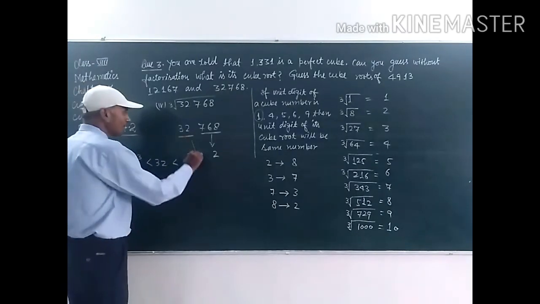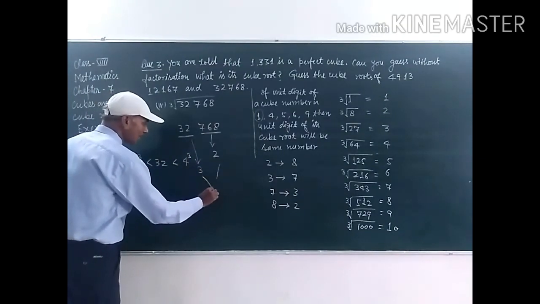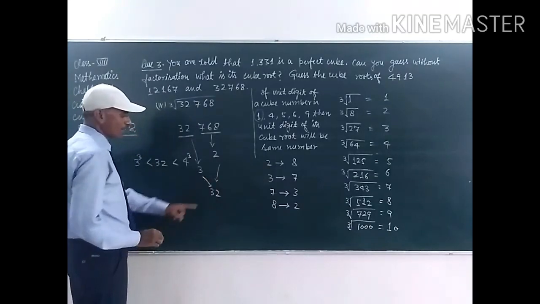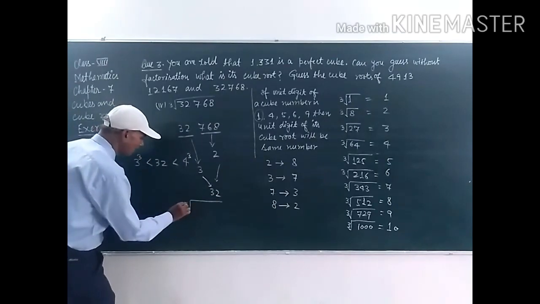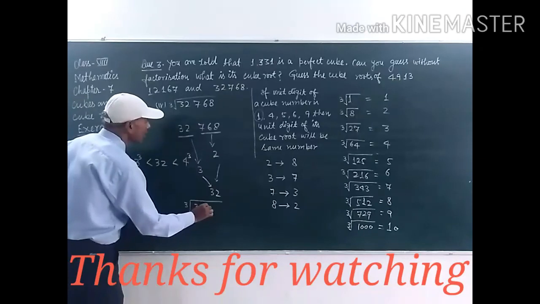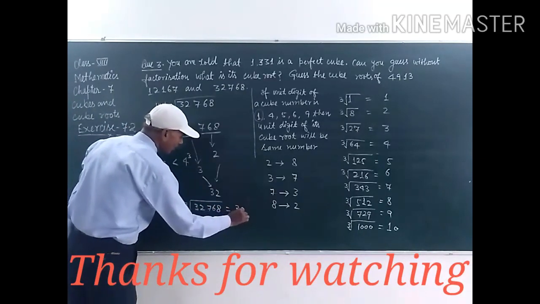So from this we have to take 3, and this number is 32. Clear, student? The number is 32. So the cube root of 32,768 is equal to 32.